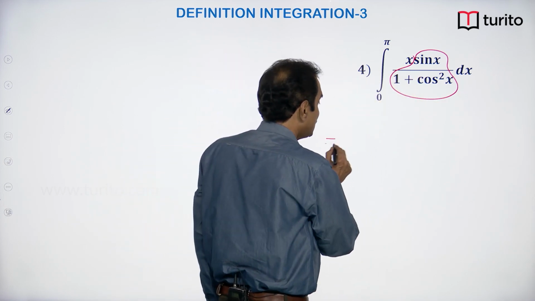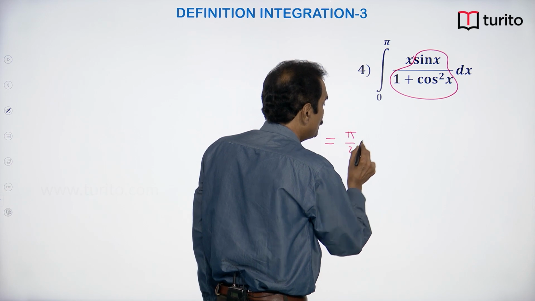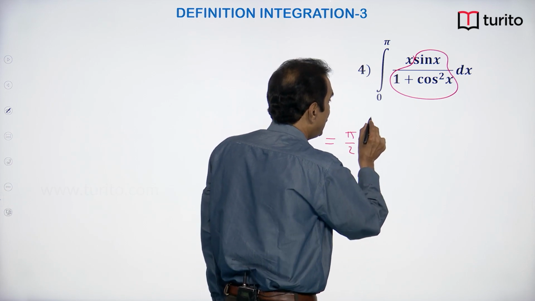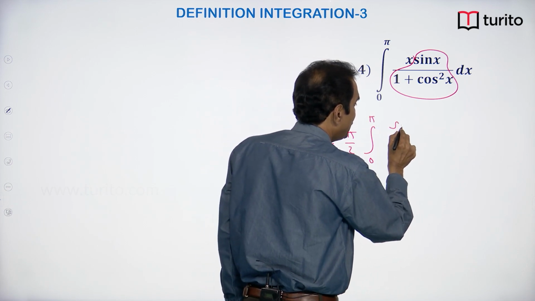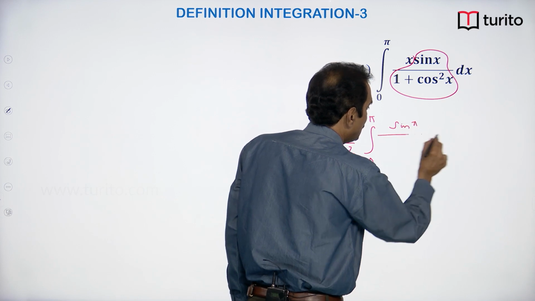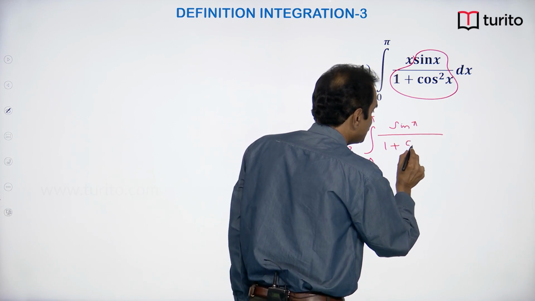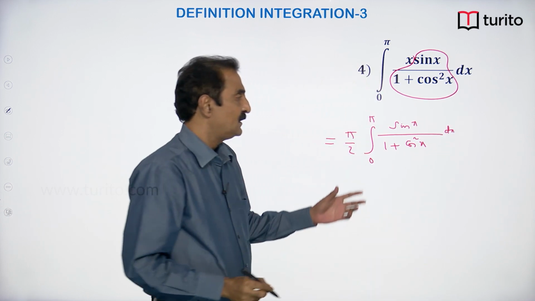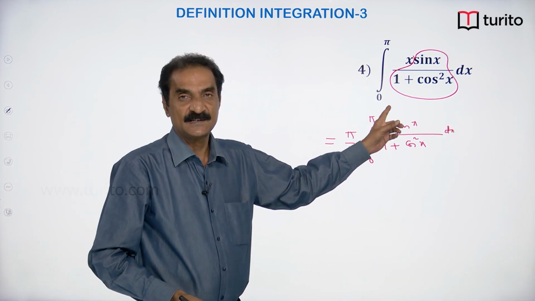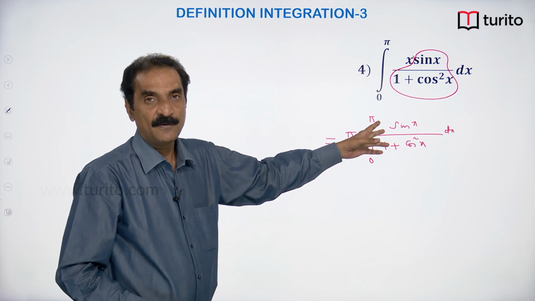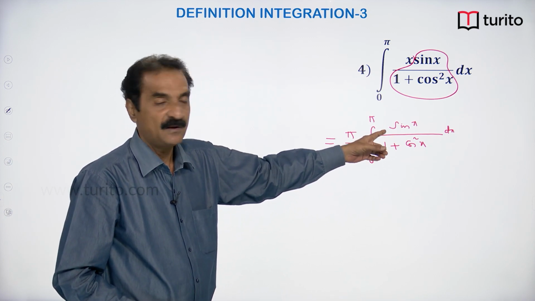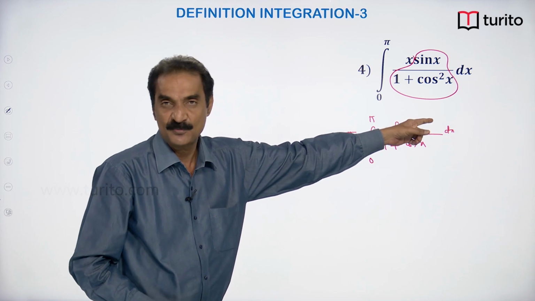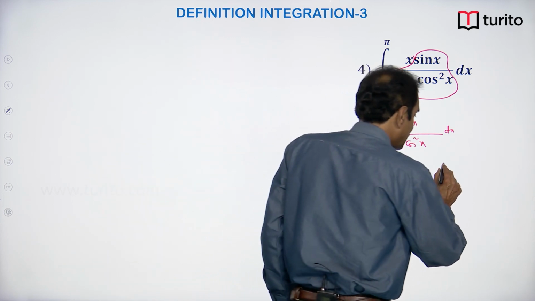I will write this as upper limit by 2, integral 0 to pi sin x by 1 plus cos square x. Now the derivative of cos x is minus sin x, and the derivative of cos x is there in the numerator. So we will put cos x is equal to t.